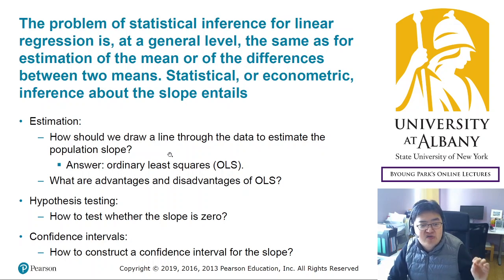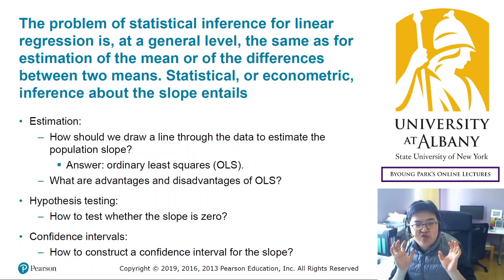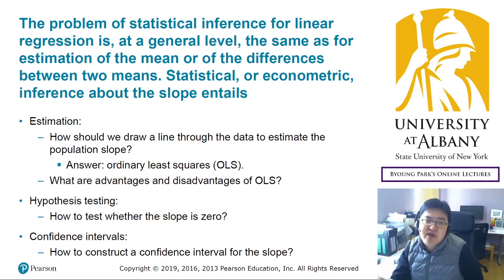you would like to estimate beta 0 and beta 1. And later you are going to see that those two guys have striking similarities with the sample mean and the inference methods for the estimator of the population mean. You may just think of it this way: how do we draw a line through the data to estimate the population slope?